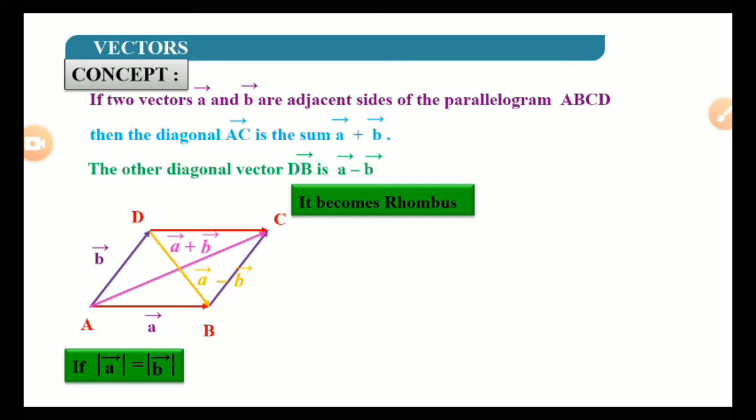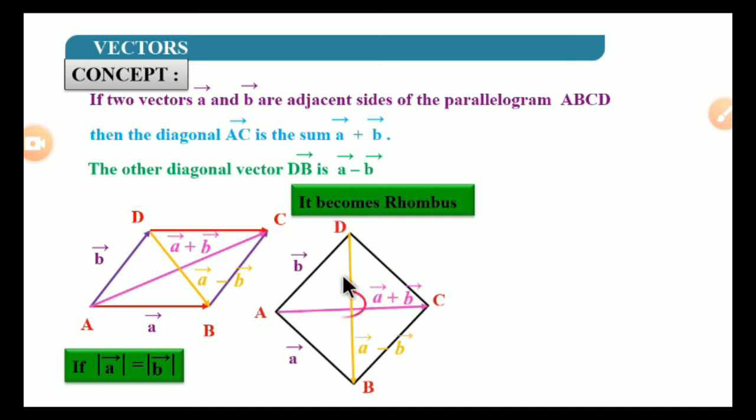So in this case this shape becomes a rhombus, because the angle is 90 degree. Here all the sides are equal, but the magnitude of diagonals are different, even though the angle between these two diagonals is equal to what here?